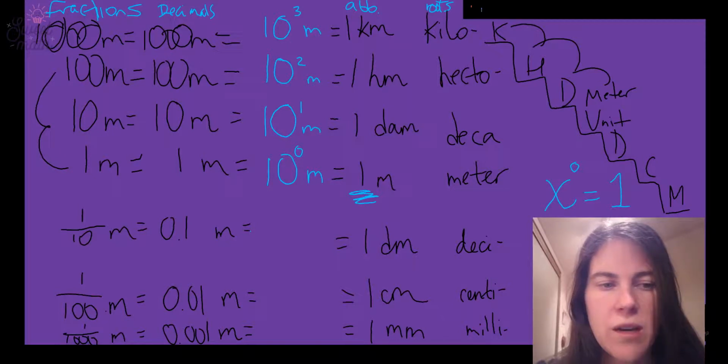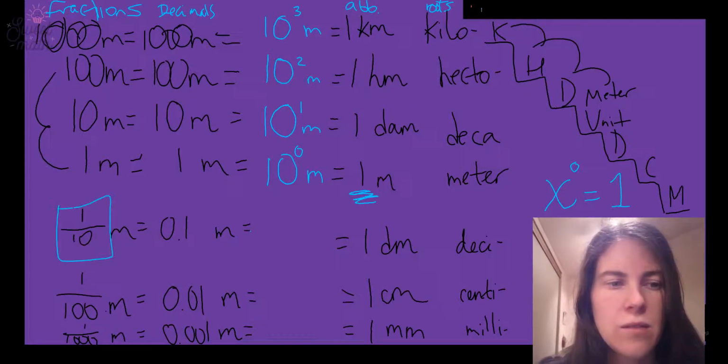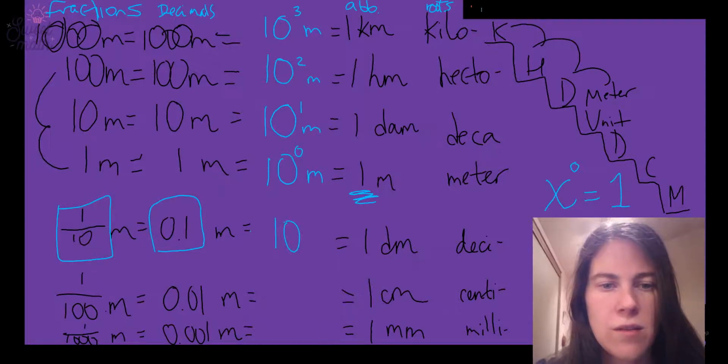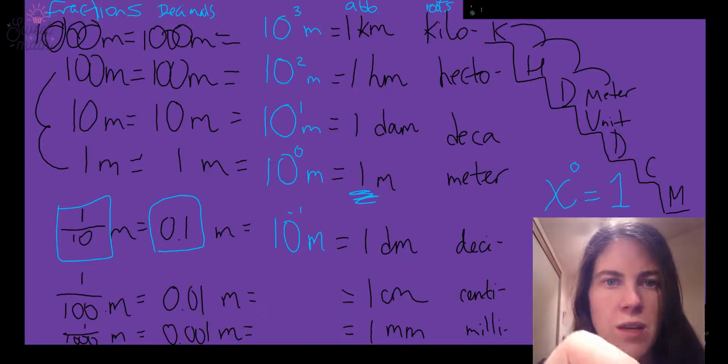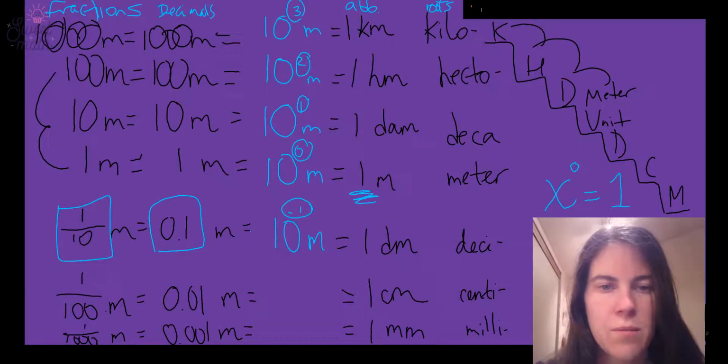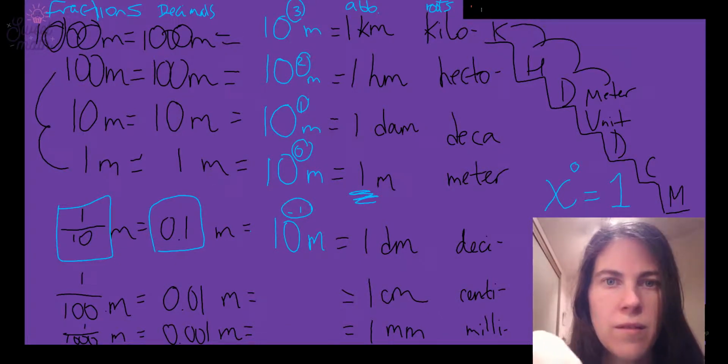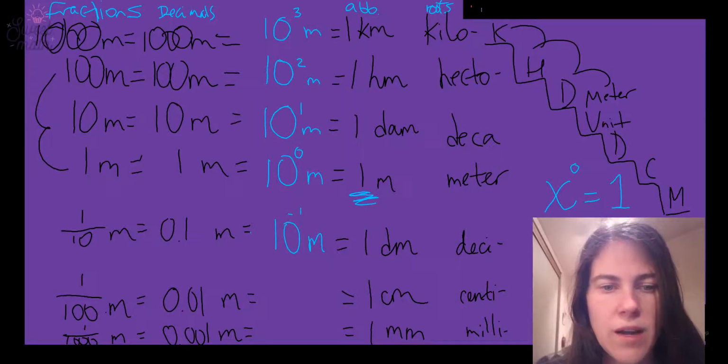I'm going to keep going down. This 1/10 is 10 to the -1 meter, so that we can keep this beautiful pattern going. 3, 2, 1, 0, -1. What a beautiful pattern. Now I'm going to keep dividing. 1 over 100, 1/100th, is 10 to the -2nd meters.